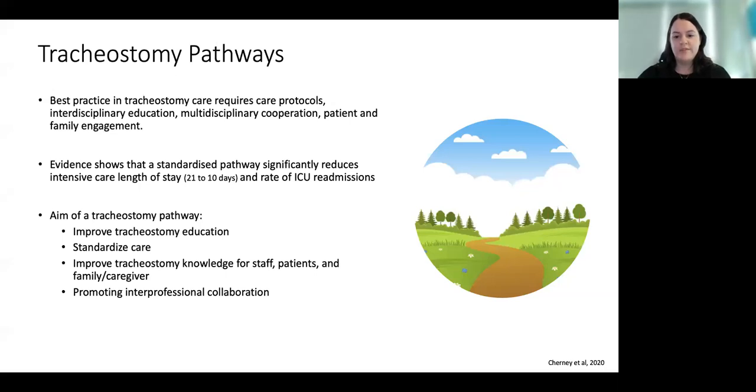Literature describes the aims of a tracheostomy care pathway being to improve tracheostomy education, standardise care, and enhance outcomes by closing the gaps in tracheostomy knowledge for staff and patients and families and caregivers, whilst also promoting interprofessional collaboration.